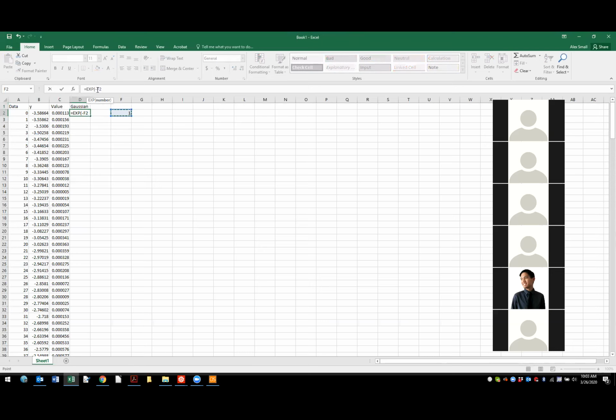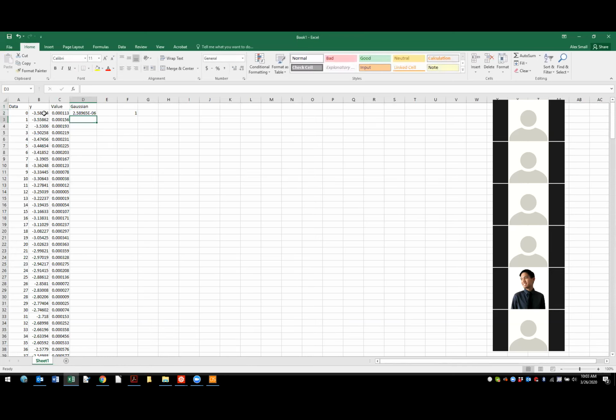If you just tell it to do that, then as we paste down, we're going to hit a problem. So we're going to tell it F2. Those dollar signs in Excel mean that when I go to the next row... here, let me just type out the whole formula, and then I'll explain what this does.